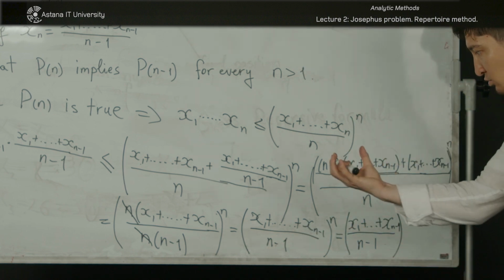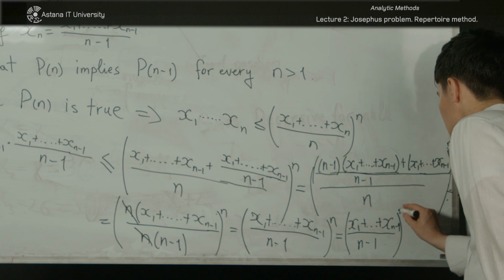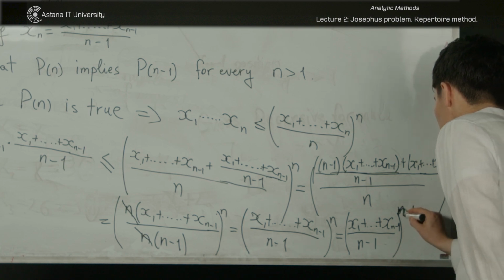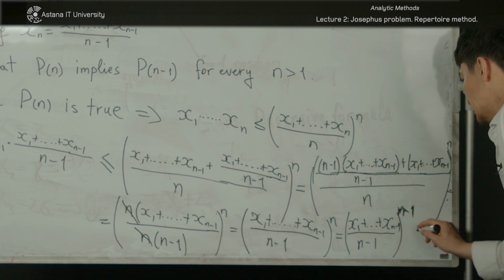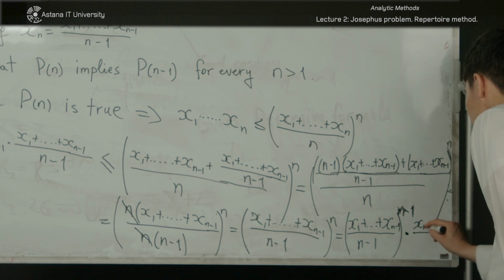So if I take out one term outside, or write it separately, then I can write it like this: this expression raised to the power of n minus 1 multiplied by the same expression.